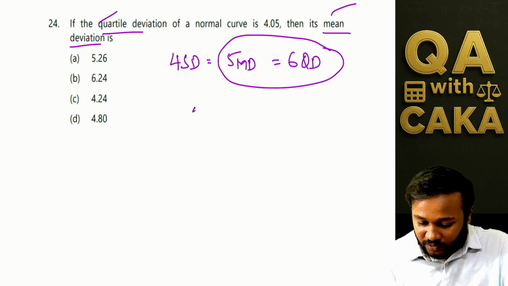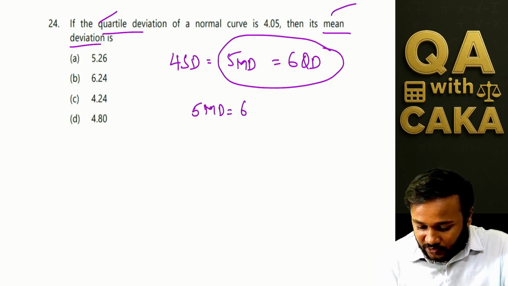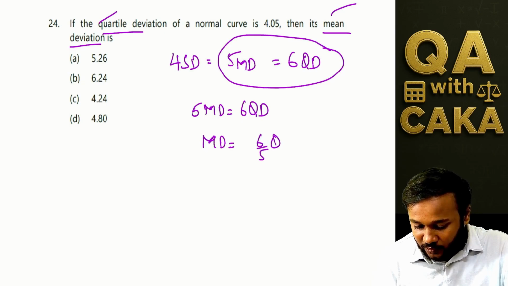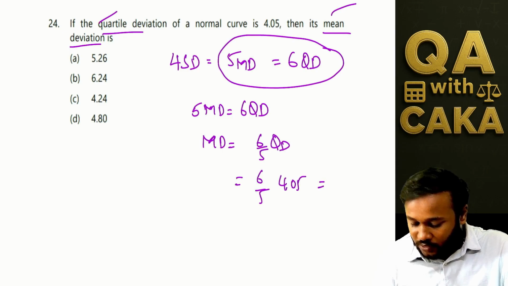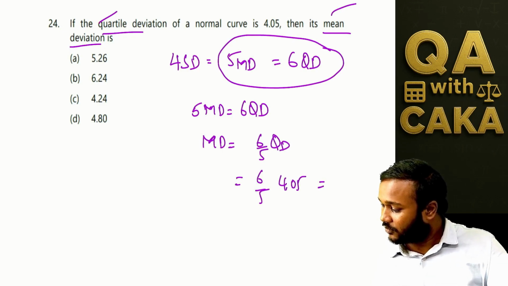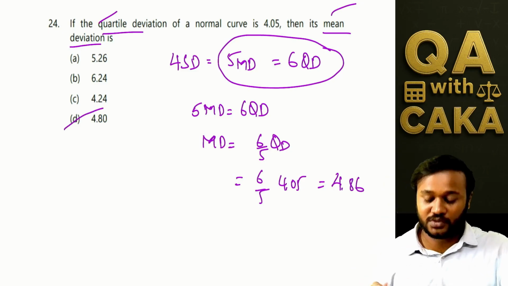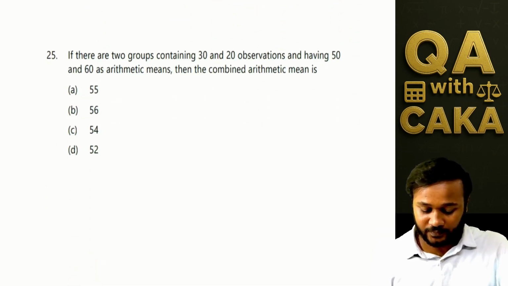So 5 MD is equal to 6 QD. Now you need mean deviation, so mean deviation is nothing but 6 by 5 QD. So 6 by 5, what is the QD they gave? 4.05. Solve this. I got 4.86. If you see the answer, option D is very close. So go with option D.